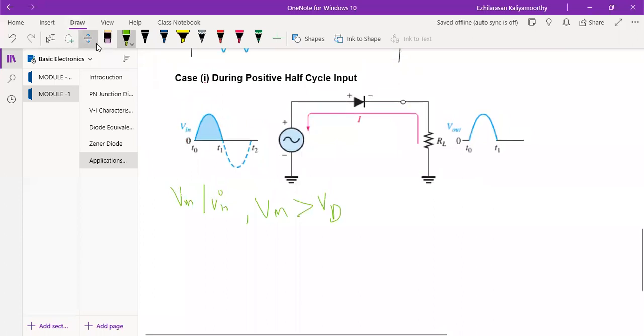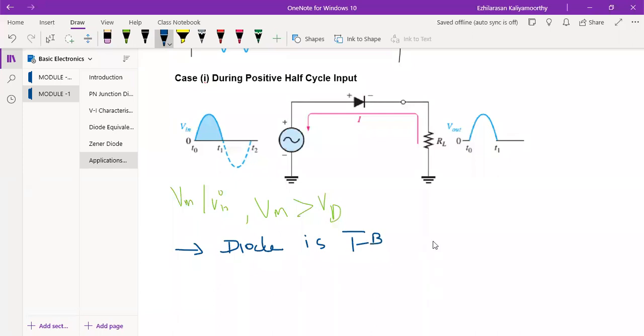So during the positive half cycle, the diode is forward biased.